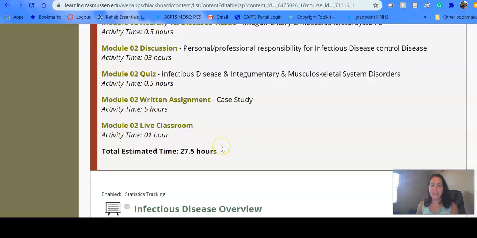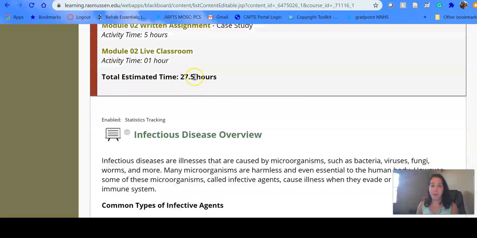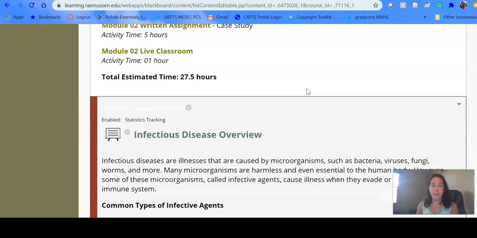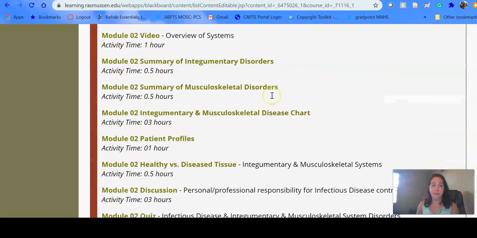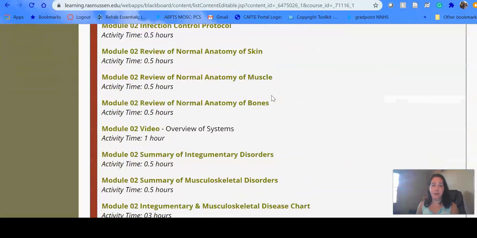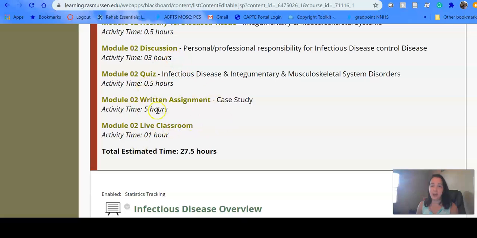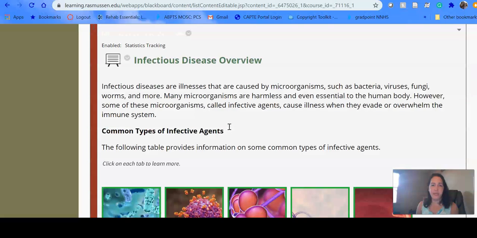It breaks down that this week is about 30 hours of work. That's specifically looking at a combination of all the readings and the activities on top of the assignments. So you still have your discussion board, your quiz, your case studies that you have to do, and then the live class lecture that you'll sit through.